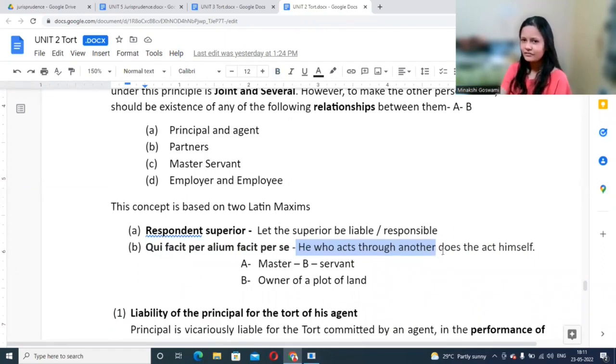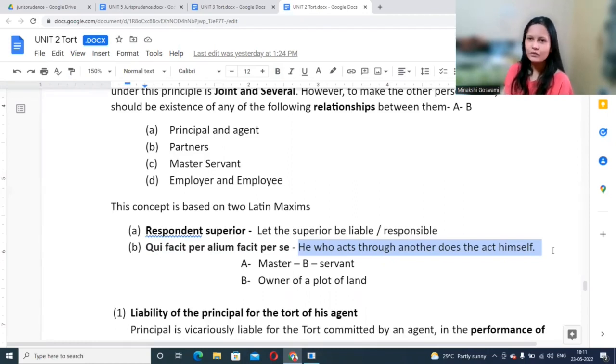So it's as if he is doing the act himself, because ultimately the idea was his. He was giving the directions, he was giving the orders. It's as if he has done it himself. Okay, so qui fecit per alium fecit per se, it means that if you are the one who is giving directions, who is giving orders, just that you are getting it done through another.